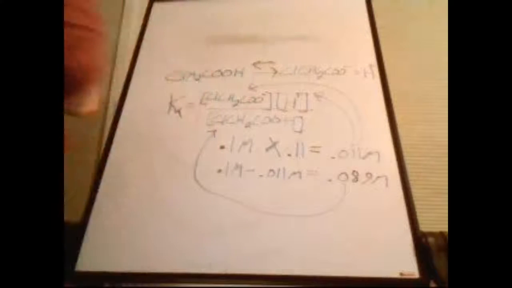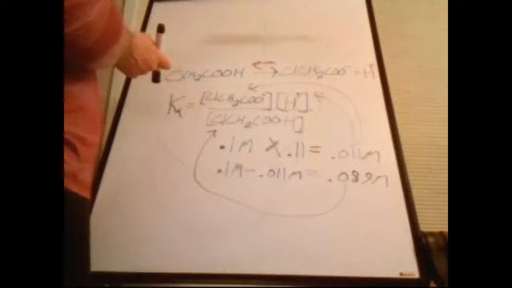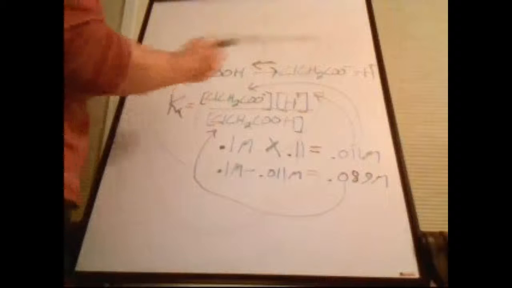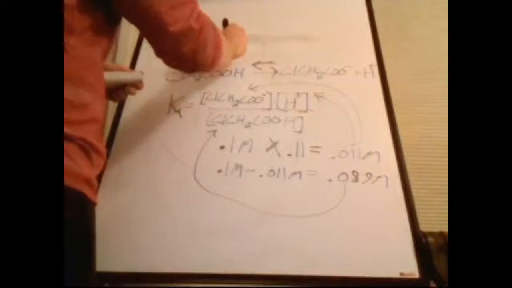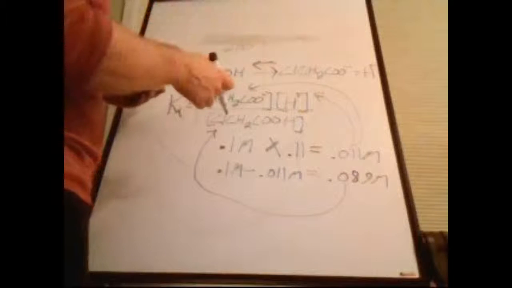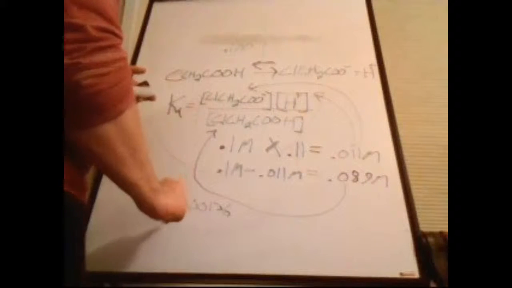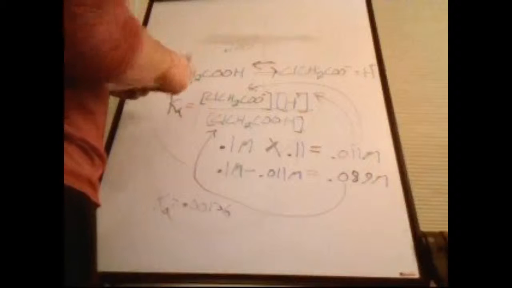So again, that's 0.001359, and because I believe in the question we had 3 sig figs, because there's 0.100 molarity, then we would go to 3 significant digits, so for our Ka, Ka equals 0.00136.